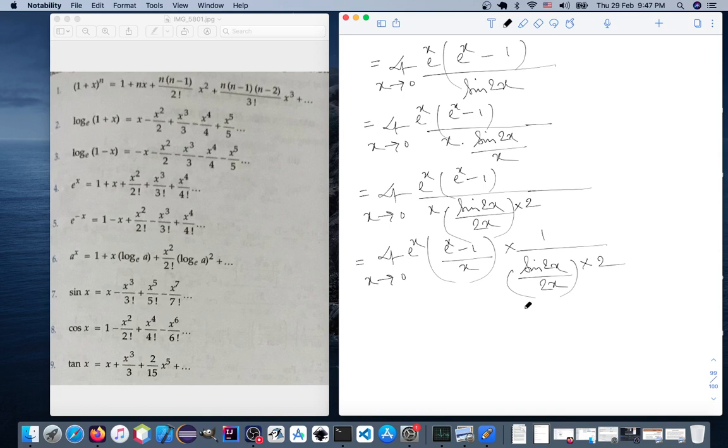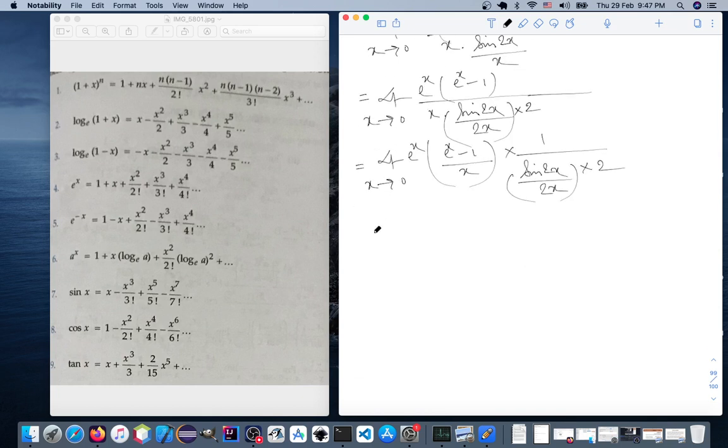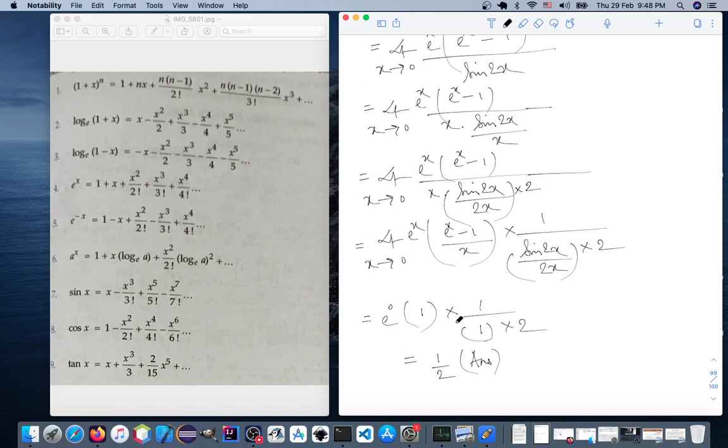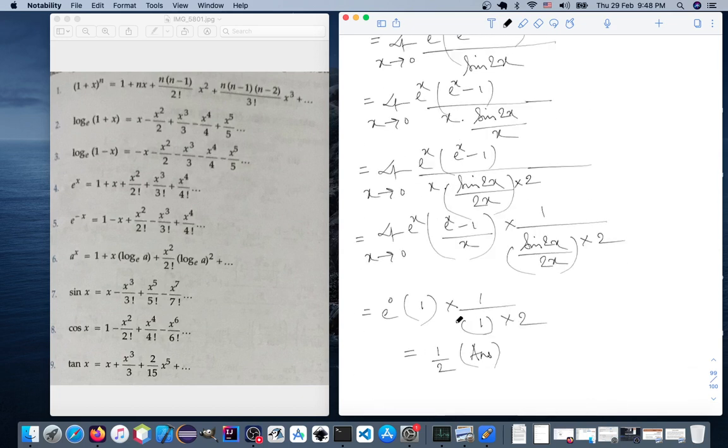Now we can apply the standard result, and it becomes e to the power 0. This becomes 1, and this becomes 1, and this is 2. So this is half. Half is the answer. Okay, let's see the next problem.